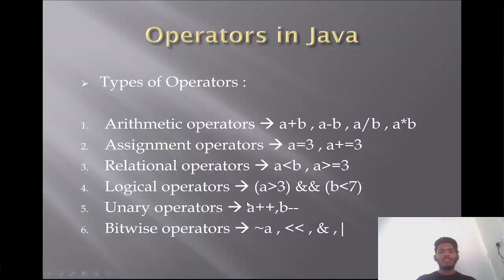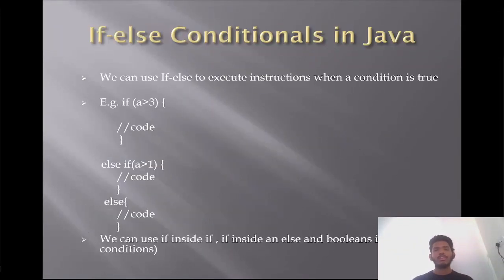Unary operator means single operand operators, that are plus plus, which will increment the value of a by 1, and minus minus, which will decrement the value of the variable by 1. And the bitwise operator, which we can apply on variables, like not a, less than a, ampersand a, or a.